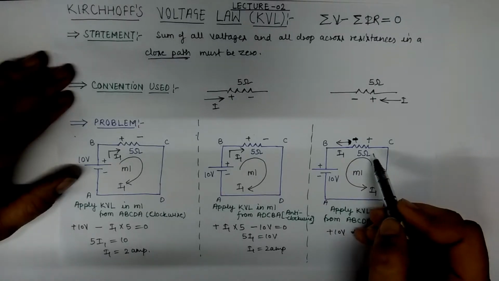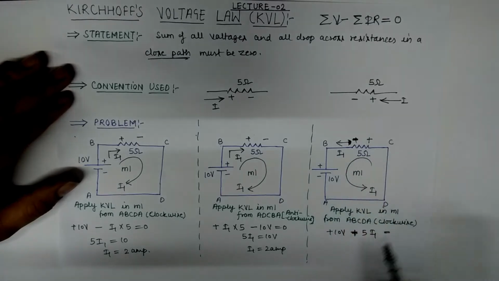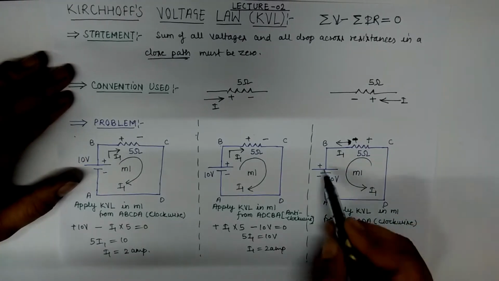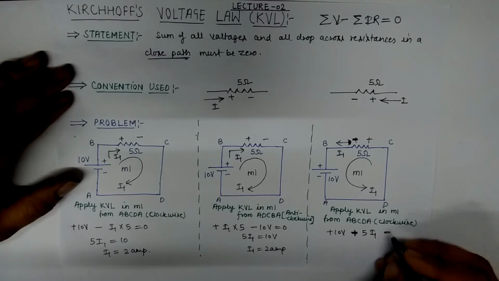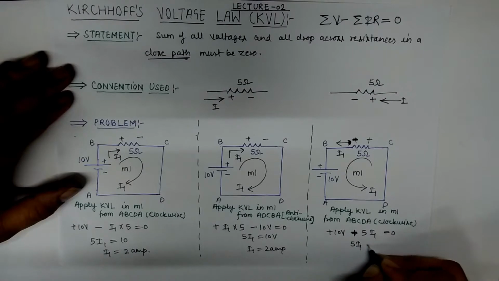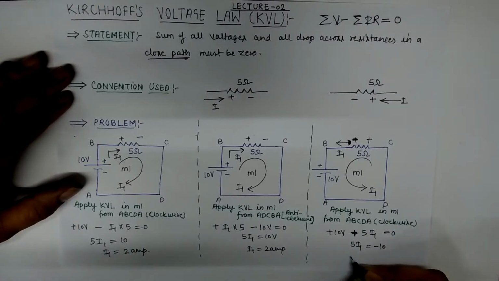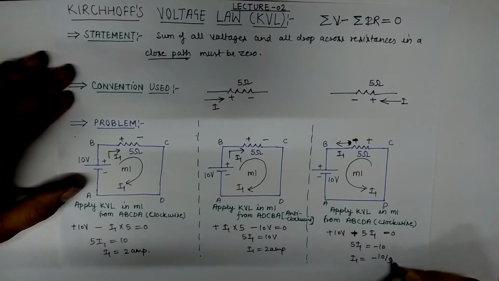Current flows in this 5 ohm resistance from left to right, so this is positive and this is negative. So we write the equation: plus 10 volt plus 5 I1 is equal to 0. So 5 I1 is equal to minus 10 and I1 is equal to minus 10 upon 5. This is minus 2 ampere.